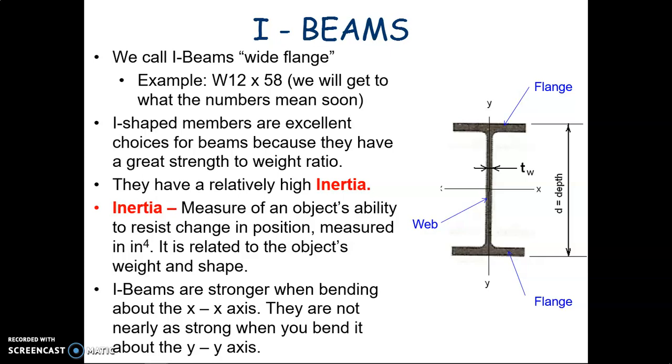They also have a high inertia. If you're not familiar with what inertia is, it's a measurement of an object's ability to resist change in position. And it's measured in inches to the fourth power. Kind of weird, right? And it is related to the object's weight and size. So the heavier someone is, the harder they are to push, right?